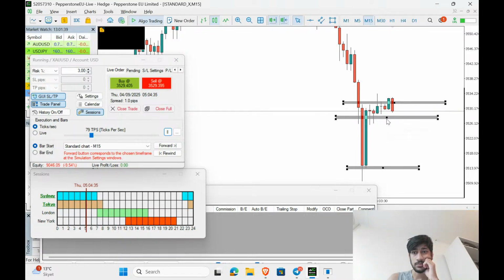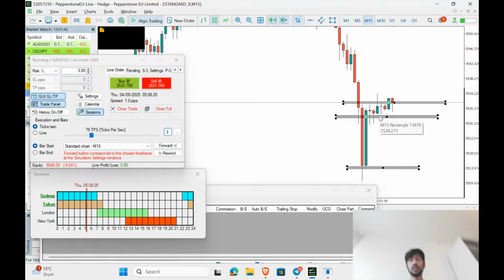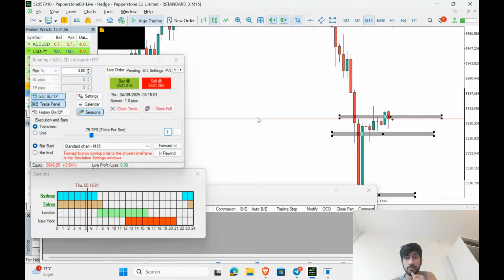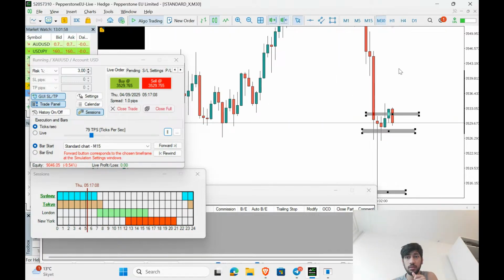But if this candle forms bearish, there's a very high chance that we will go down actually. For me to get interested in buys, this candle should... No, I'm not interested in buys honestly.